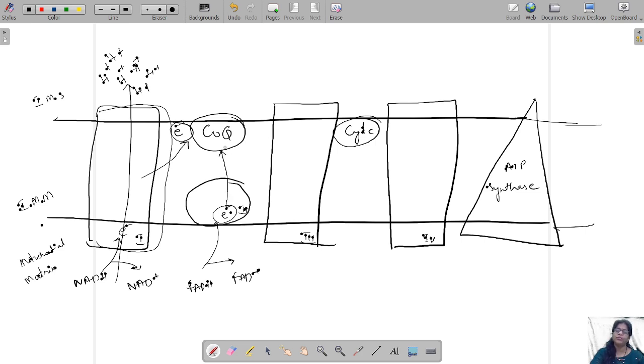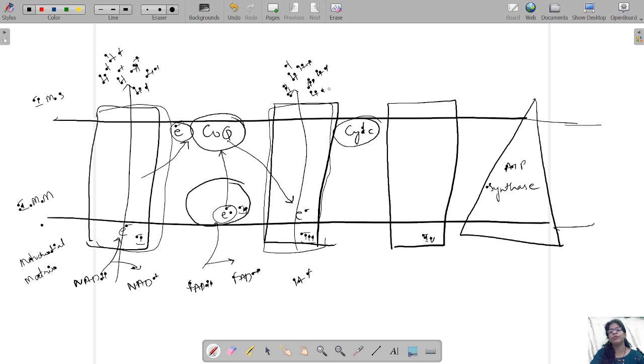Now CoQ acts as an electron acceptor, where it accepts electrons from complex 1 and complex 2, and now it supplies them to complex 3. Upon entry to complex 3, the electrons get excited again like in complex 1, and it helps the movement of protons from the matrix to the intermembrane space, and thus again a proton gradient is formed across the membrane.